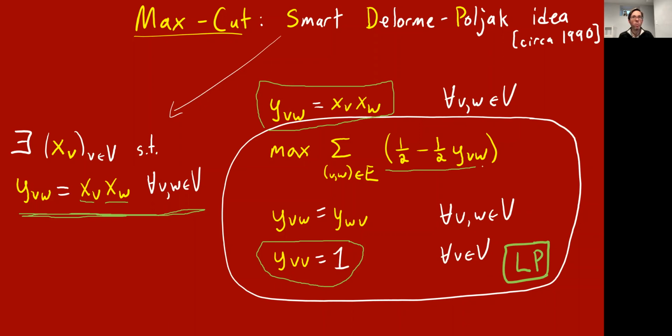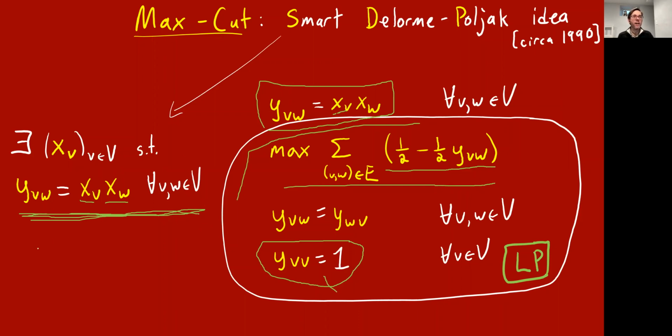And then this expression is 1 if the set defined by x cuts the edge vw and it's 0 otherwise. And so this sum represents the number of edges cut by the set indicated by x. So just as a reminder, this LP together with this moment constraint exactly captures max cut.